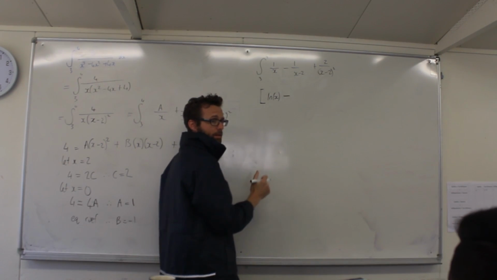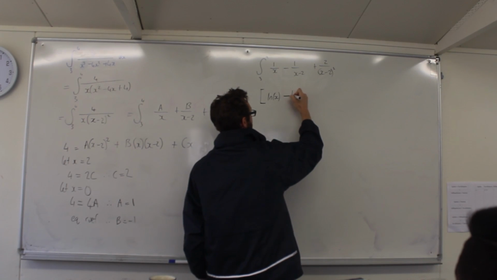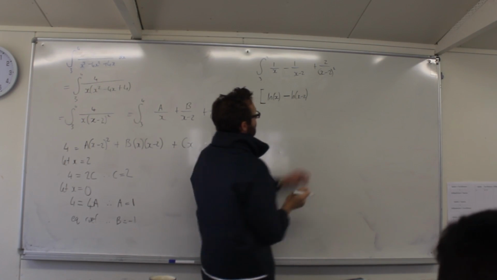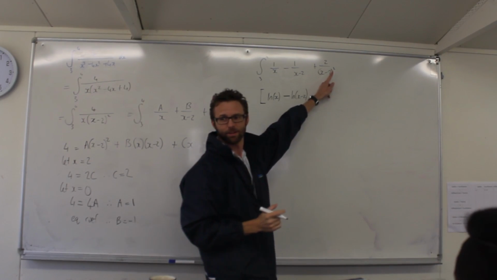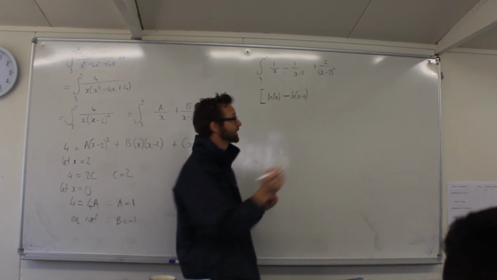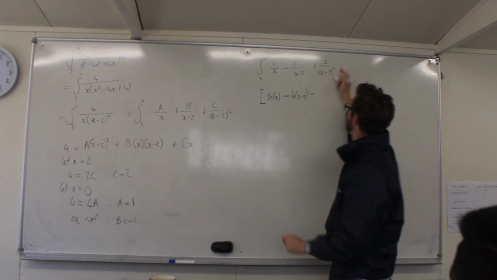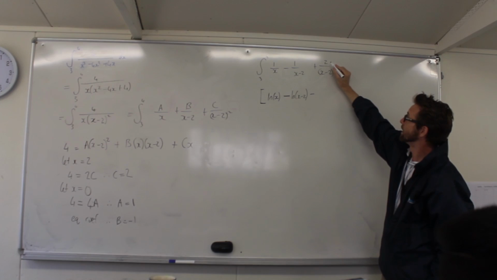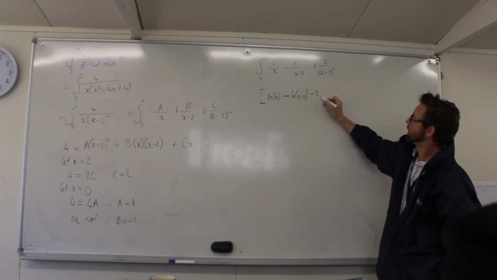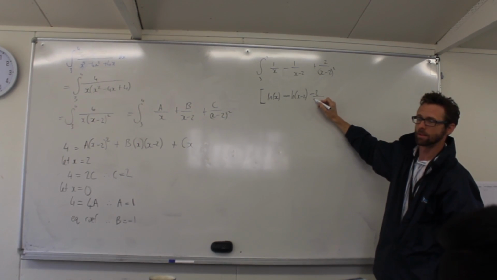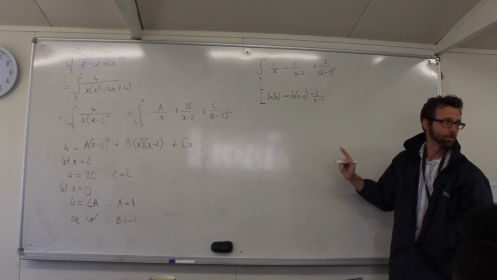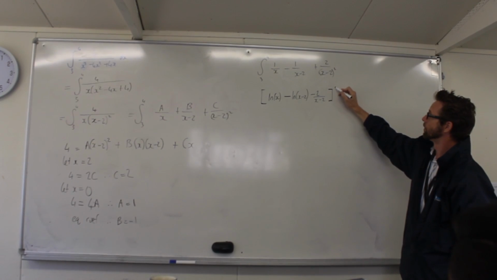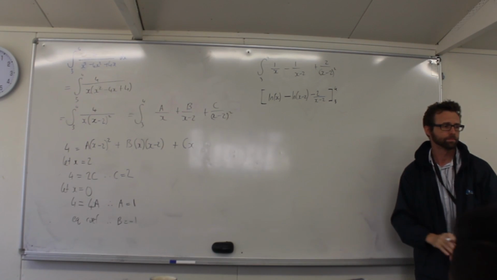Next one, ln x minus 2. Next one. This is not ln, is it? So this is going to be minus, because we're going up the power to minus 1, right? So it's going to be minus 1 times this, 2, all over x minus 2 to the power of 1. Yeah. Close bracket, 4, 3.